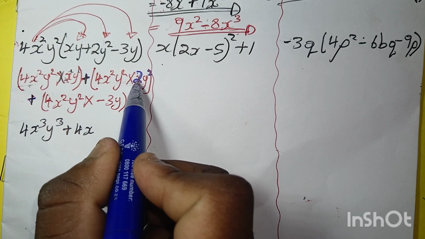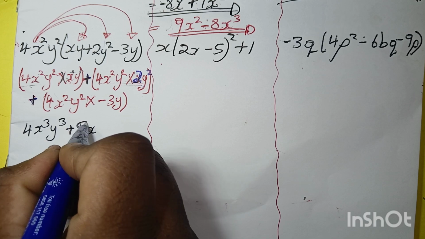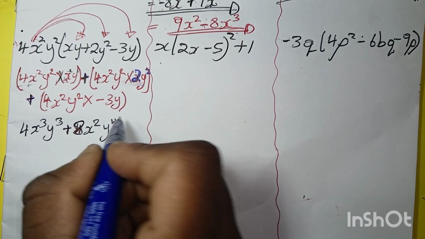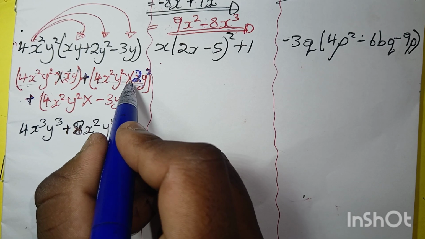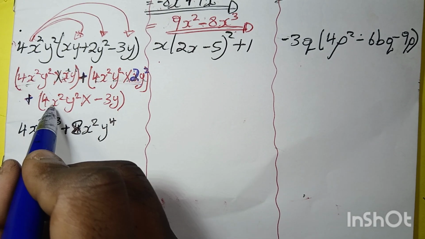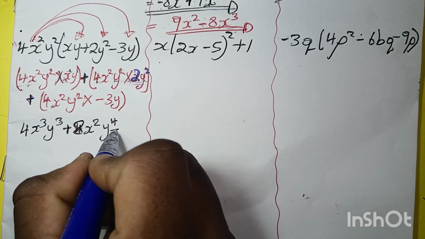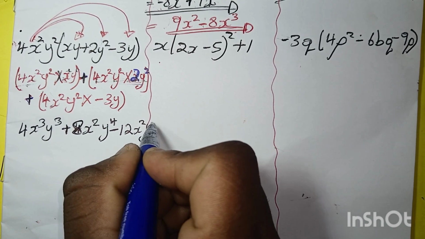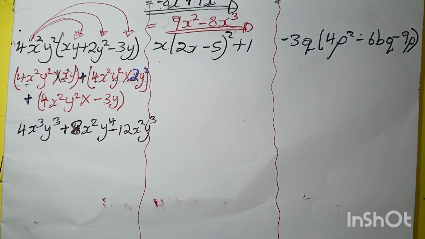So this multiplies that one, this will be 8, x squared, y to the 4, because when I multiply the same base, I add the exponent, which is 4. So now here, when I multiply different signs, it gives me negative 12, and what, an x squared and y cubed. Do you see?